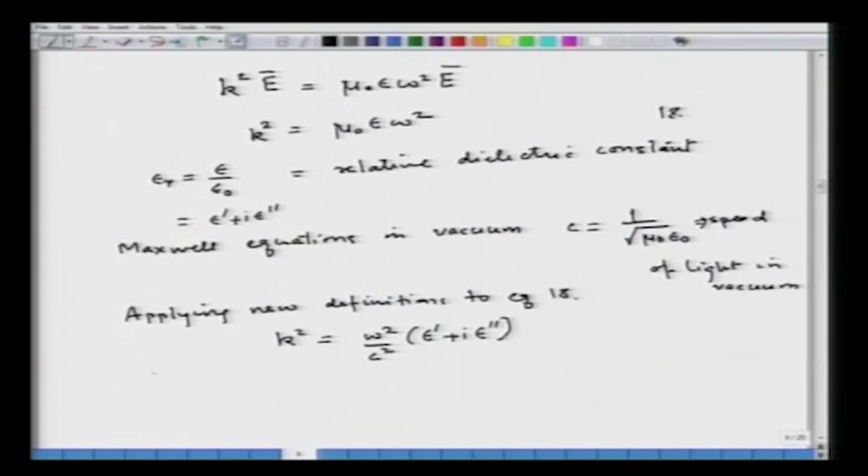And we know that this is in the medium, or in the material, and we know that k square is equal to omega square over c square in vacuum. This is basically saying that our light, as it goes from the vacuum to the medium, has its speed reduced by a factor square root of epsilon prime plus i epsilon double prime, and this factor is known as n.